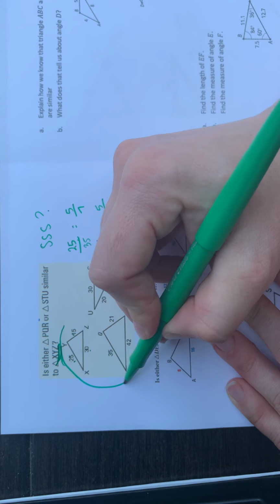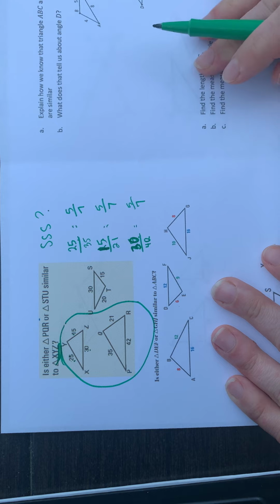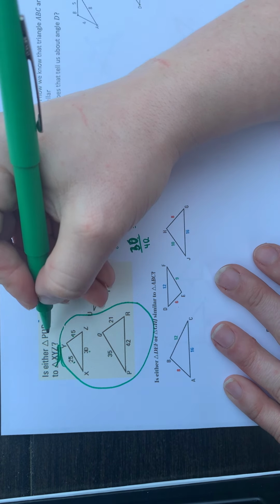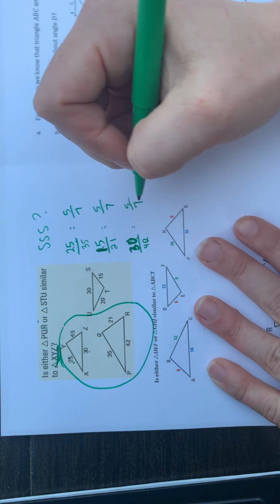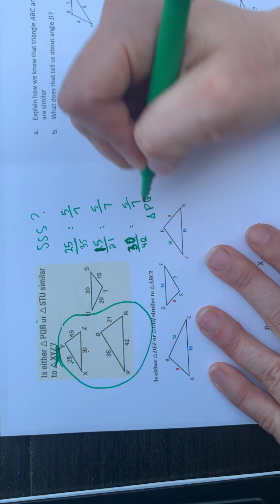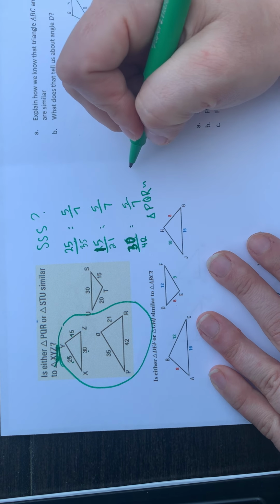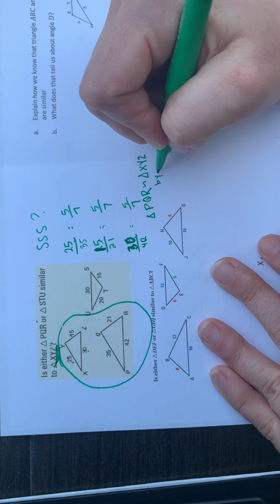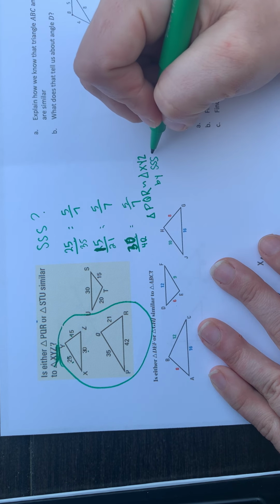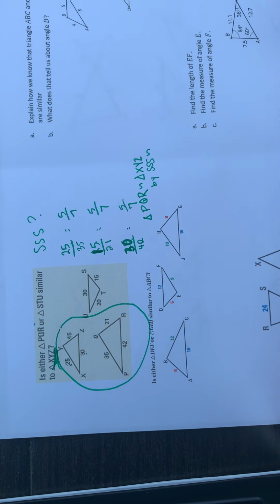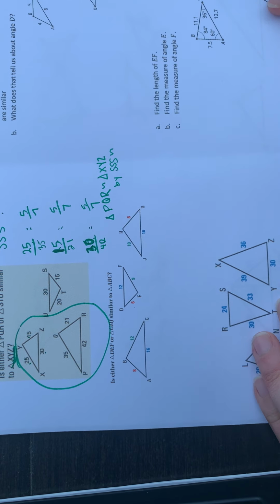So I just happened to land on the correct answer the very first time. I'm going to be very careful when writing this similarity statement. Triangle PQR is similar to triangle XYZ by SSS similarity. Awesome job. I guess I'm talking to myself and telling myself I did an awesome job.